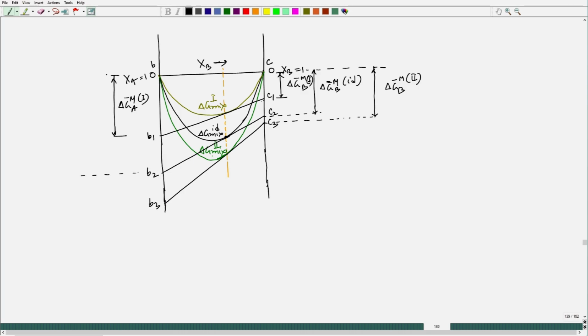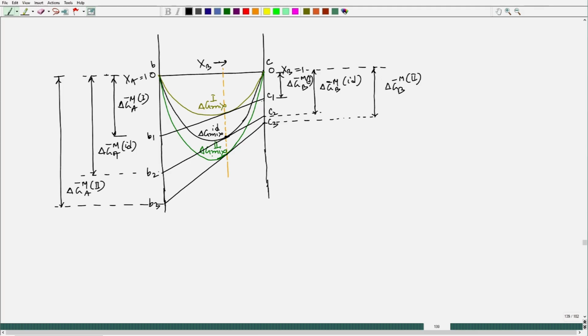This one is delta G bar M A ideal, and the third one is here. This is delta G bar M A case 2.